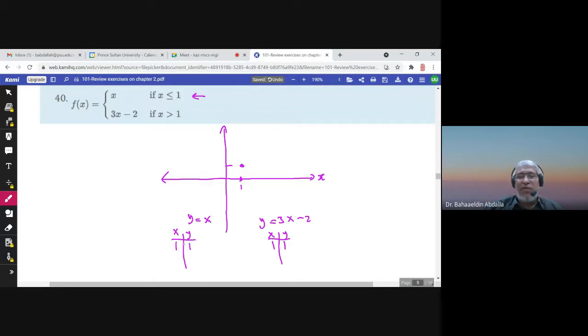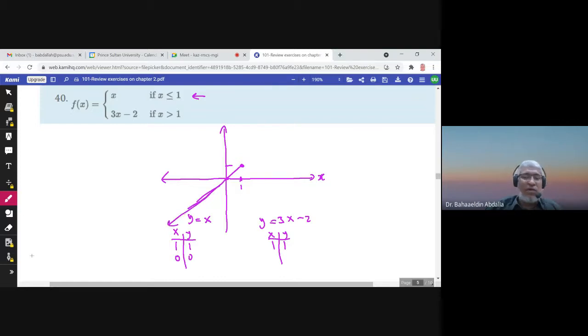this is the graph of y equals x. And then I choose a number less than 1 for this function. So 0, for example. So at 0 it is 0. So the graph goes like this.